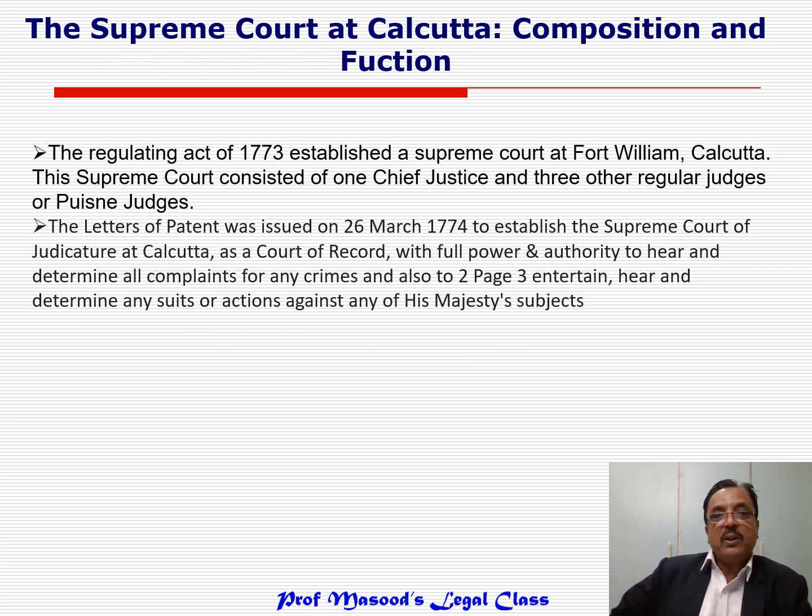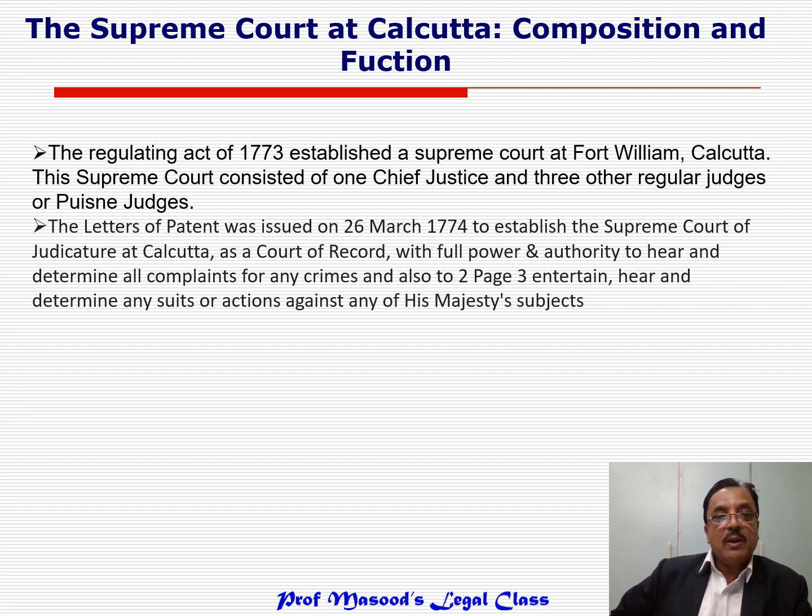The Supreme Court at Calcutta, composition and function. The Regulating Act of 1773 established a Supreme Court at Fort William, Calcutta. This Supreme Court consisted of one Chief Justice and three other regular judges or puisne judges. Puisne judges are not the senior judges. They have less standing as judges.